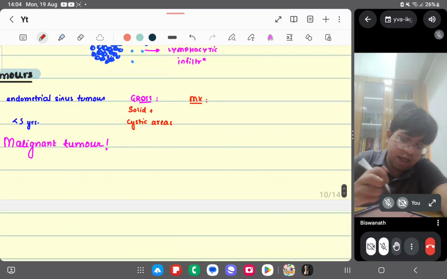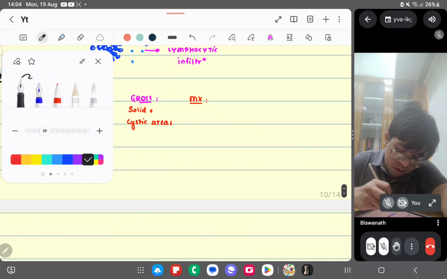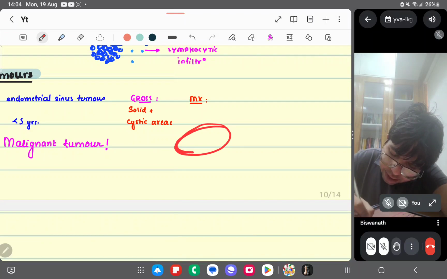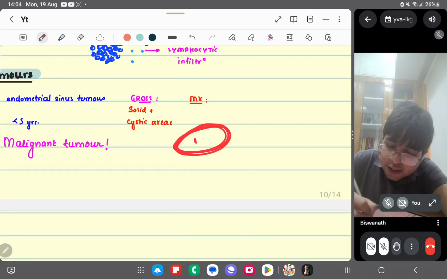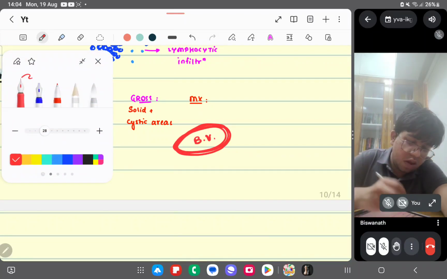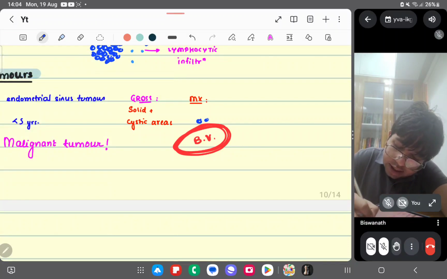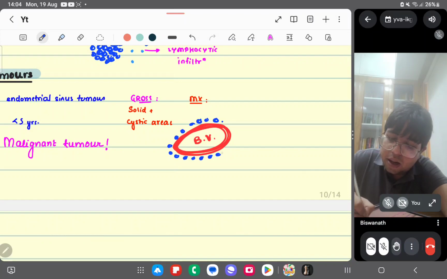Let me draw for you. So let's say this is a blood vessel, and this is a layer of tumor cells. These are the tumor cells which are surrounding the blood vessel. One layer, and then another layer.